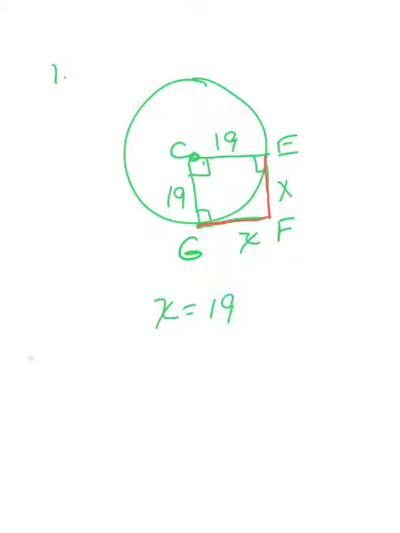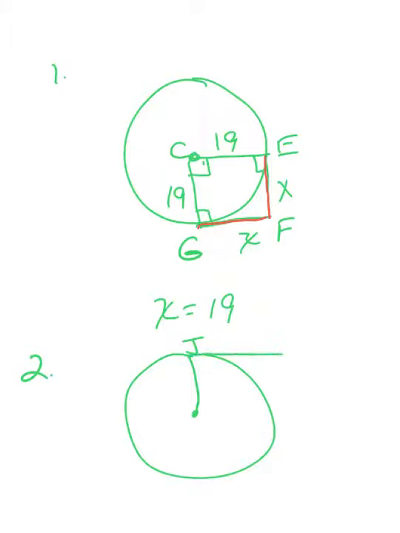Let's go on to number 2. Number 2 has a J here, a center here. It has a tangent right here, and that's 20. And that's 15, and they want us to find this side right here. Well, what kind of a triangle does that create if it's a tangent hitting a radius? A right one. So I know that's a right triangle.